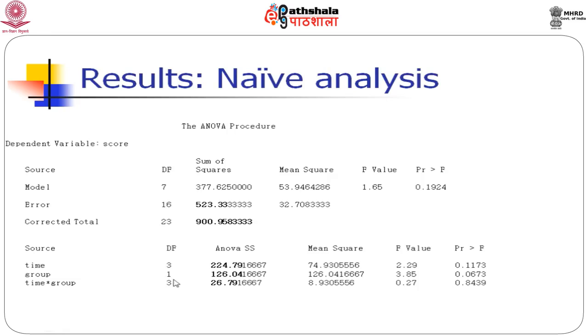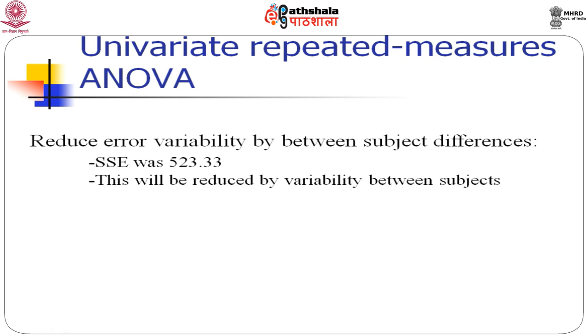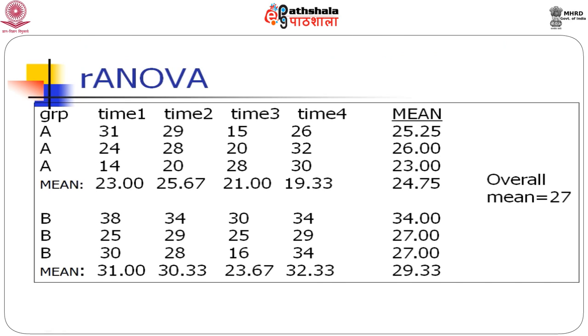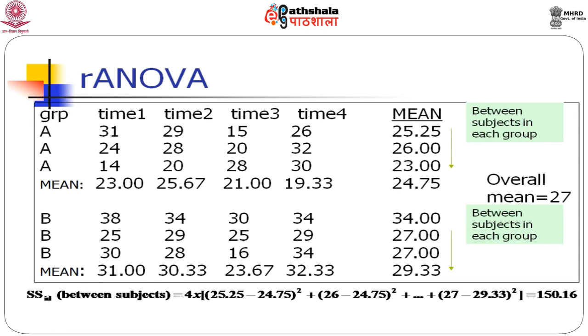So the model sum of squares has been broken up into 3 parts, altogether 377. This is the univariate repeated measures ANOVA, once again for the groups.